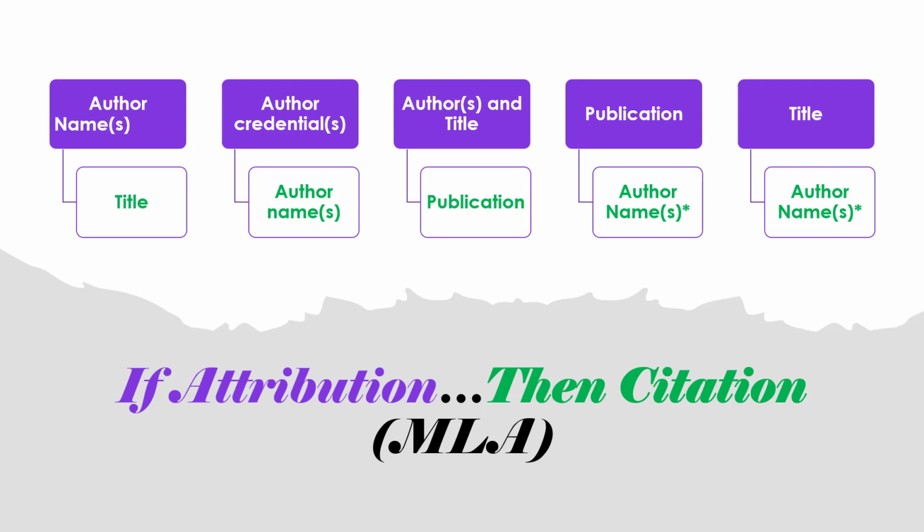By using the publication, then we would have the author name or names in the citation. Now, I put a little asterisk here because what if there is no published author? What if we don't know who the exact author is? In this case, if you're using the publication, you would use the title if there is no author, okay?